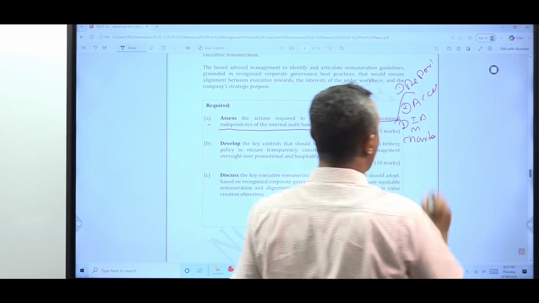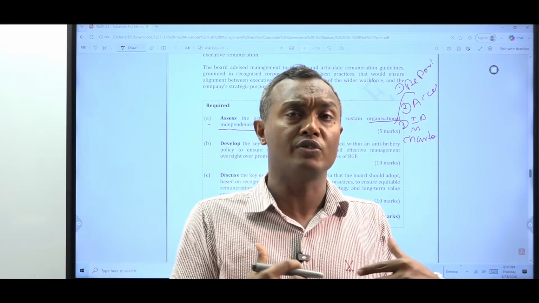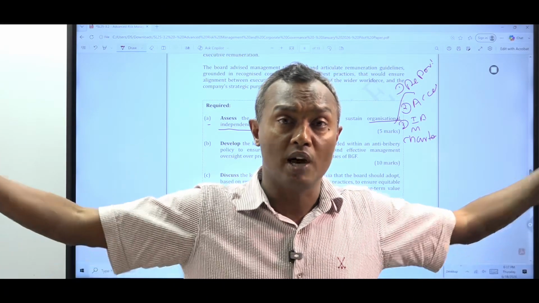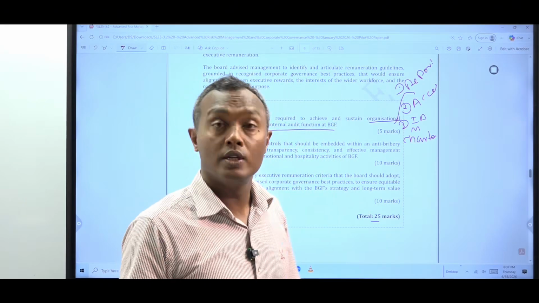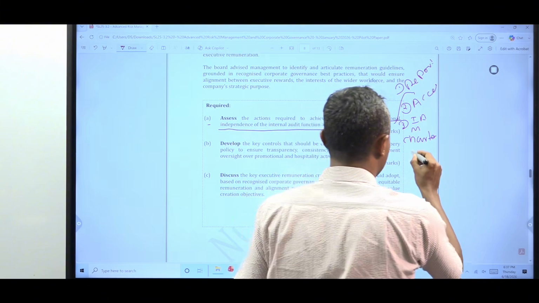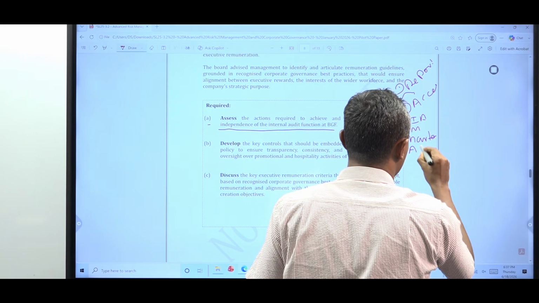Now when it comes to the internal audit charter, this is where the internal auditor can operate in terms of areas to be covered and so on. That has to be approved by the board or audit committee. With that charter, there are also important decisions about appointment and removal.